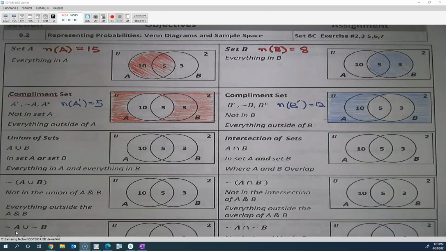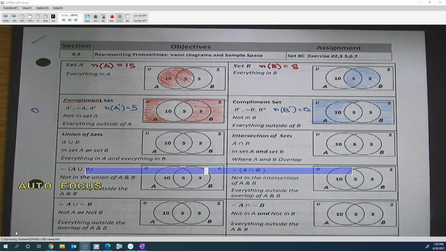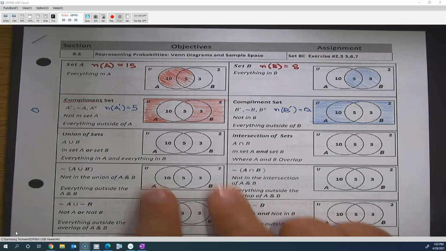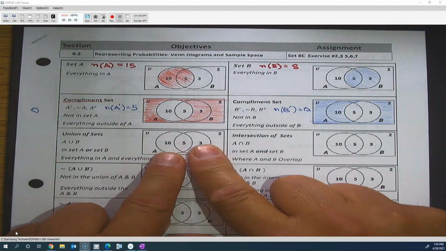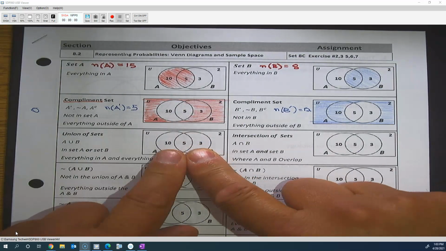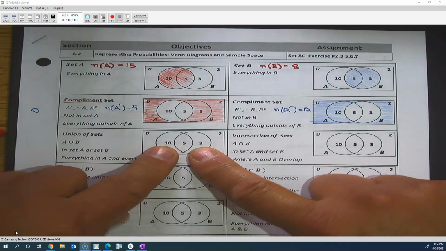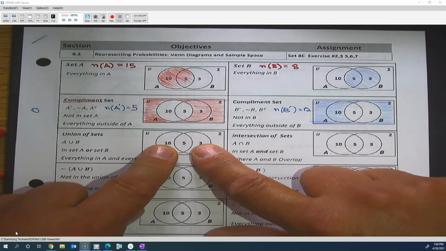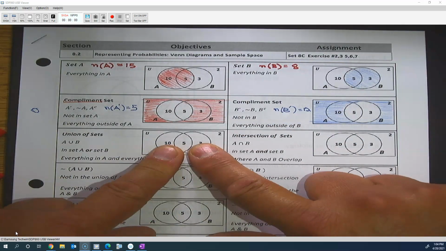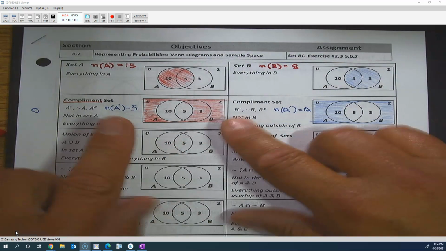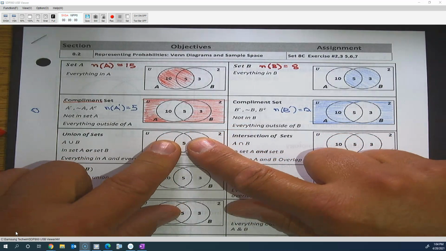Now, when we start combining sets, you've got two ways that you can combine them. One is you put everything together. This is kind of like two people getting together, you bring all of your baseball cards, I don't know if you trade baseball cards anymore, but we're going to combine our two collections, even if we've got ones that we have in common.